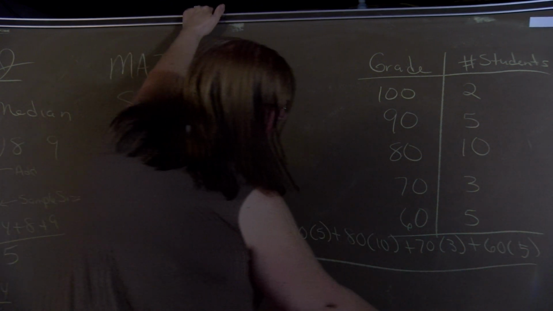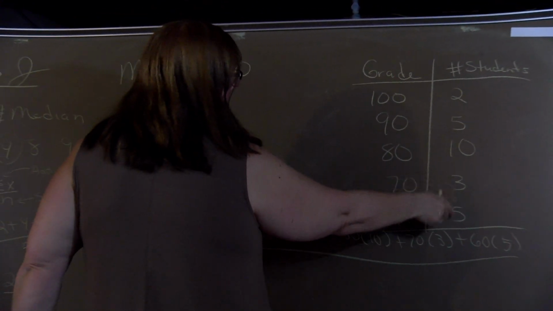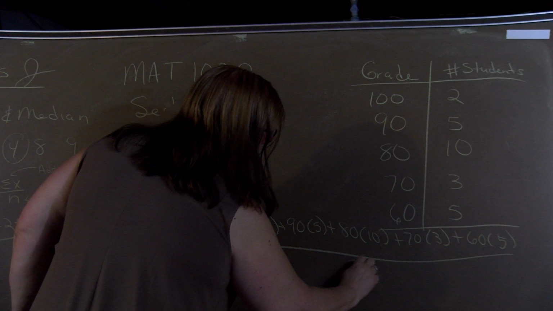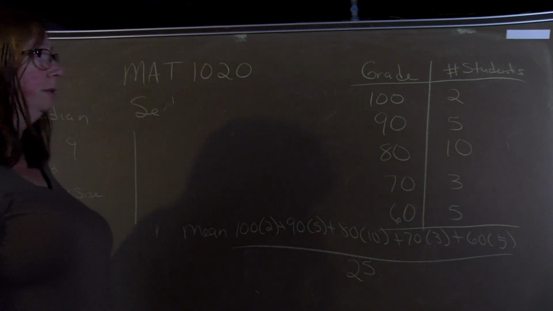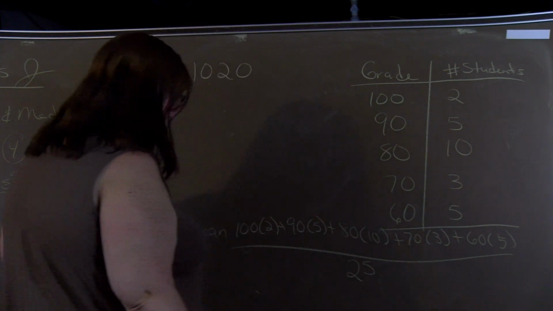But then we still divide by how many there are. 5, 10, 25. So there was 25 students. If you add these down, you'll get 25.